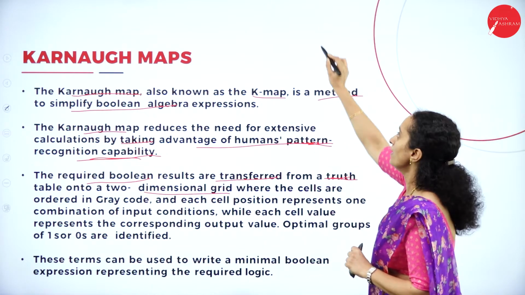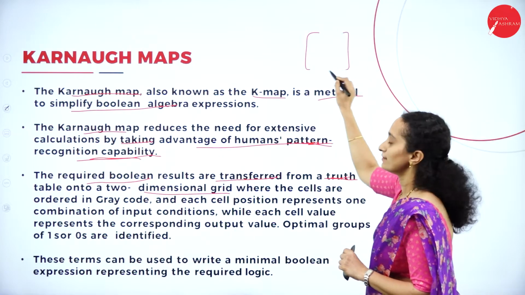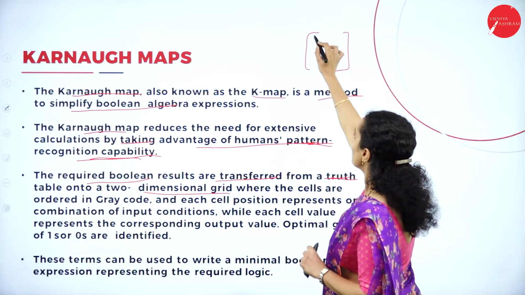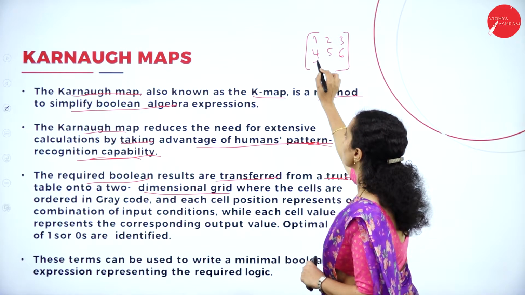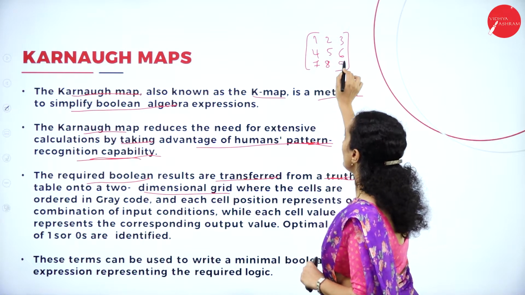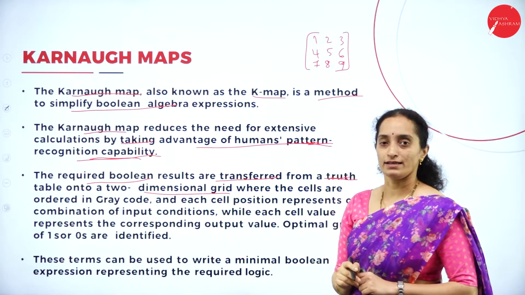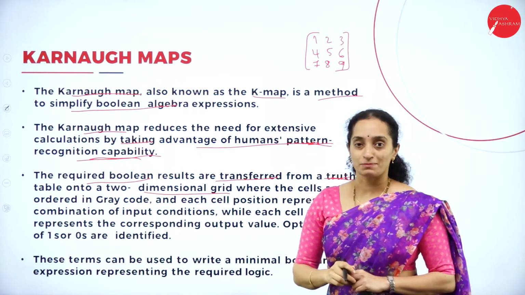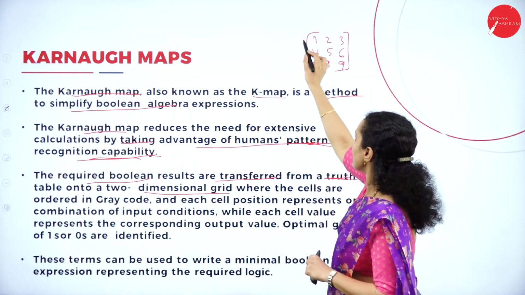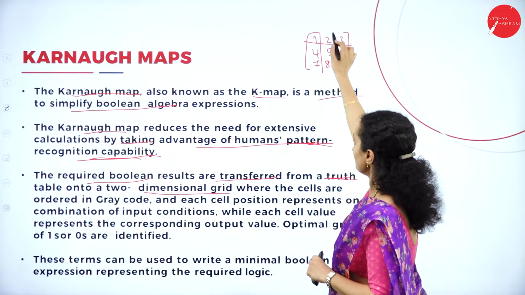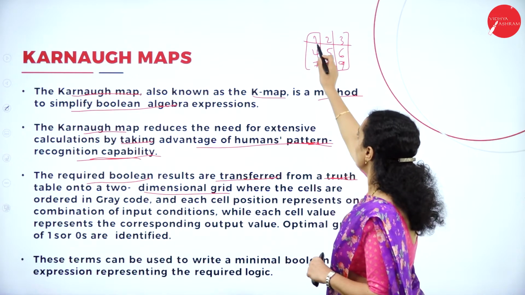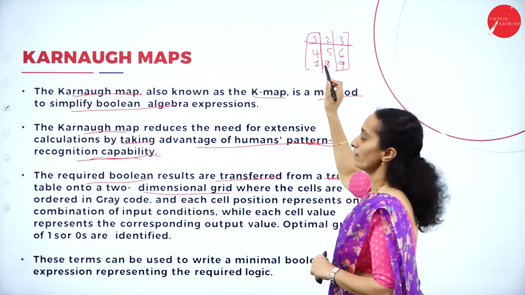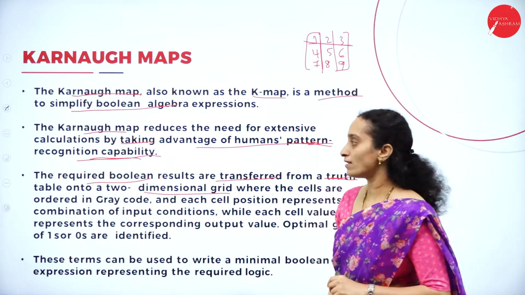You know about the matrix, isn't it? 1, 2, 3, 4, 5, 6, 7, 8 and 9. We have the matrix representation. This matrix representation consists of a 2-dimensional presentation, is it not? In the form of rows and columns.